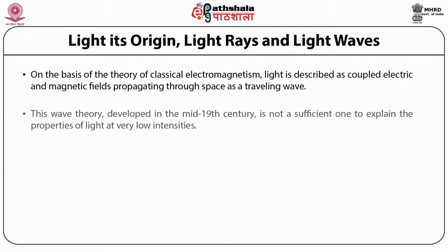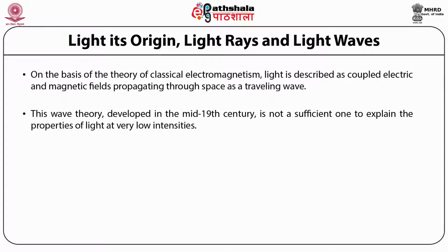However, this wave theory, developed in the mid 19th century, is not sufficient to explain the properties of light at very low intensities. Therefore, a quantum theory is needed to explain the characteristics of light and the interactions of light with atoms and molecules.